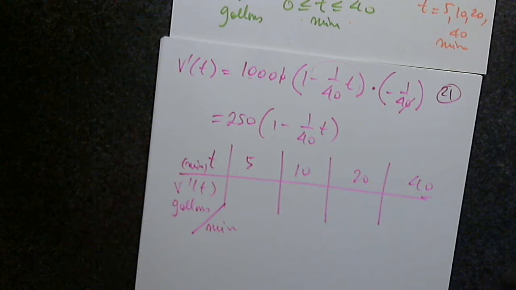Ready? So here it is. Let's put in the function. And we had 250, parentheses, 1 minus 1 divided by 40. I use parentheses for that. 1 divided by 40. Close the parenthesis. X, close the parenthesis. Can't you distribute the 250? Yes, you can.